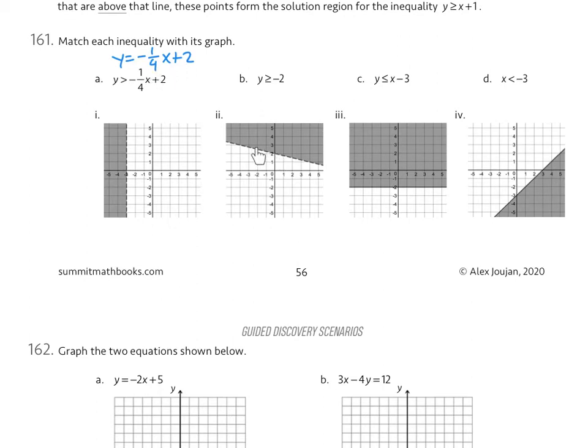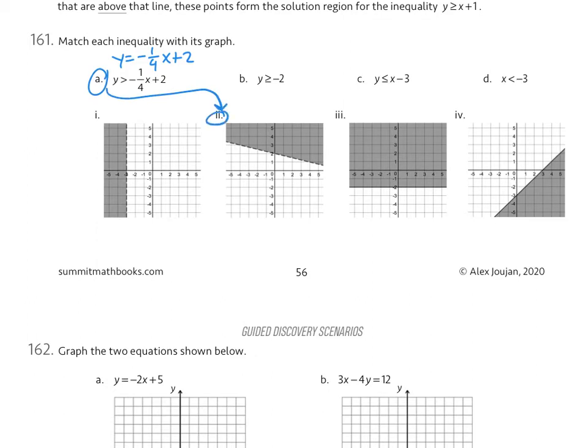That would be this dashed line right here. The y-intercept is positive 2, and the slope is down 1, right 4. So graph number 2 must match up with this equation. And if we look at this inequality, it says y is greater than, so we would want to shade above, and you see this shaded region is above that line. So I'll take this and match it up with this.